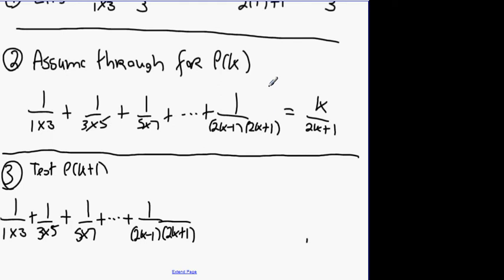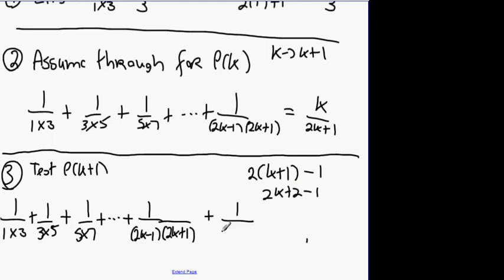So we're going to replace k with k plus 1. So therefore 2k minus 1 is going to be 2 times k plus 1 minus 1. It's going to be 2k plus 2 minus 1. So it's going to be 1 over 2k plus 1. And then the other one after that is going to be 2k plus 1, so it's going to be 2 times k plus 1 plus 1, 2k plus 2 plus 1.